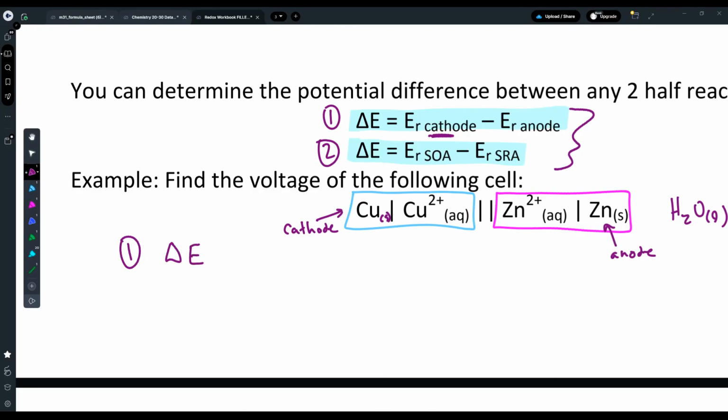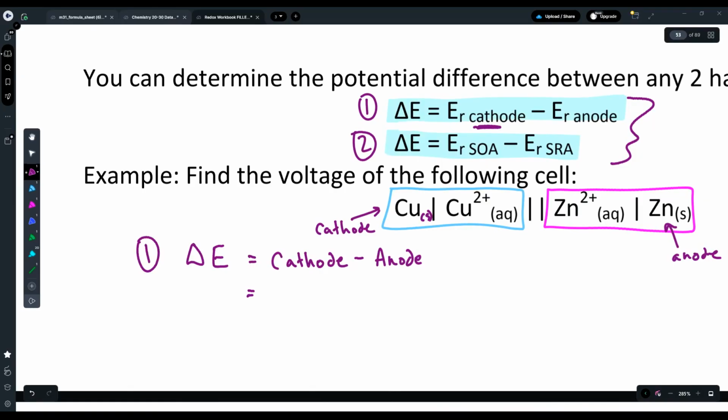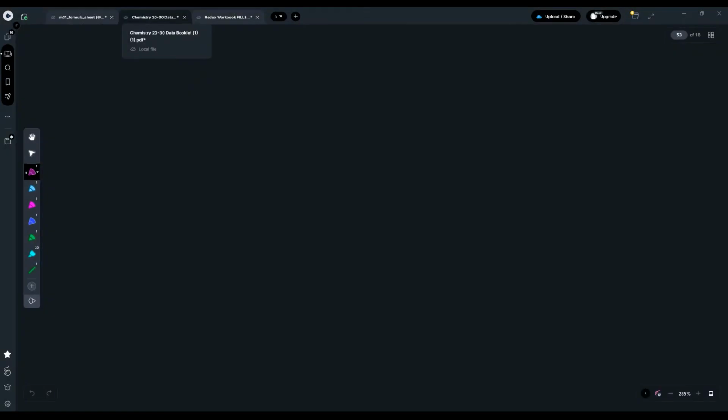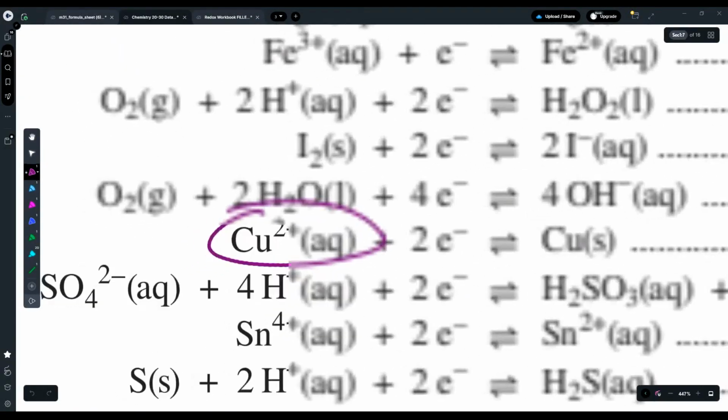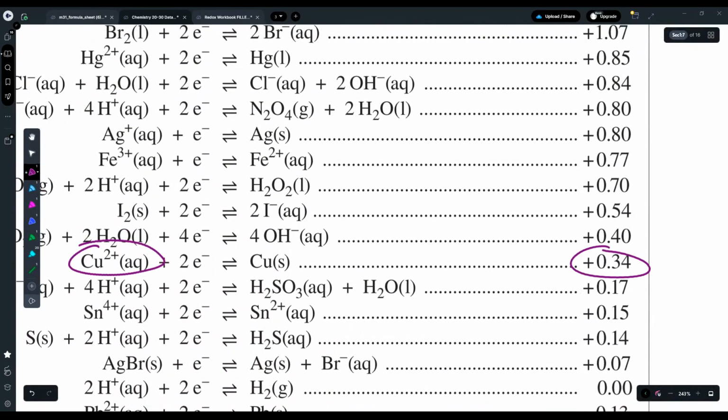Potential difference, I just like writing it as cathode minus anode, because I know for both I'm going to be using the electrical potential. So I'm going to find the reaction that happens at the cathode, which is copper 2+ being reduced. And that has an electrical potential of positive 0.34.